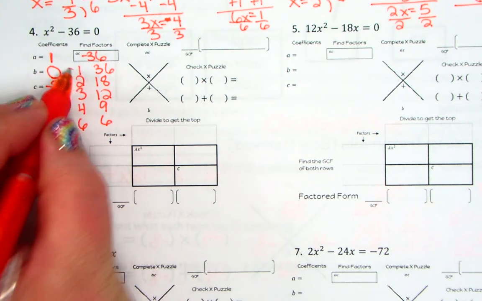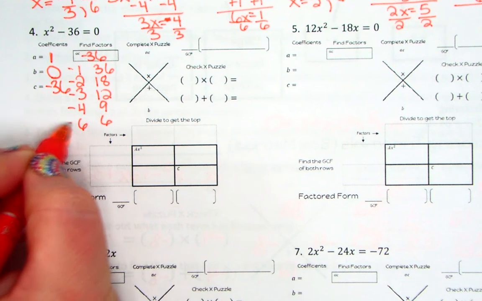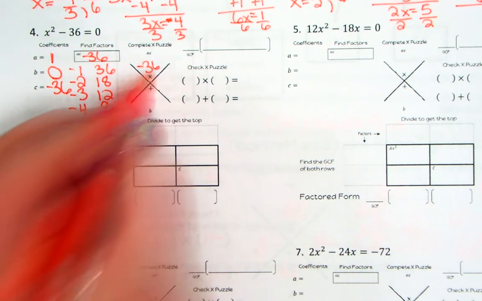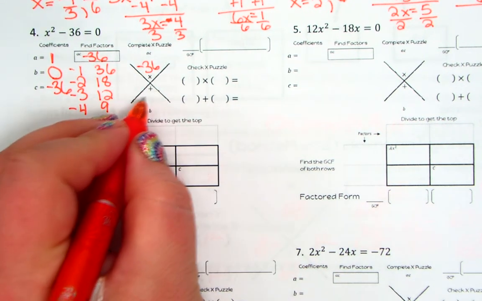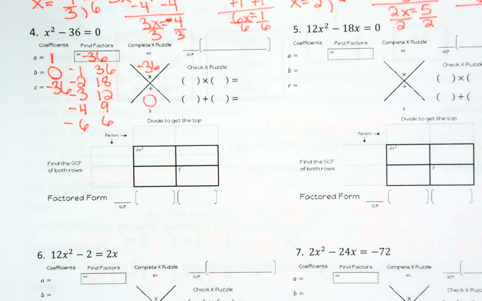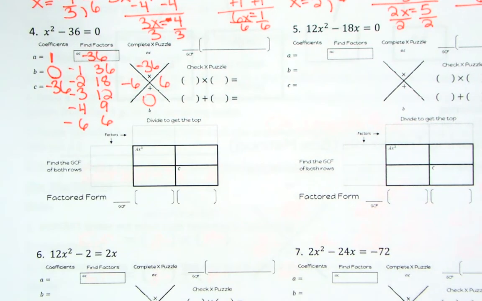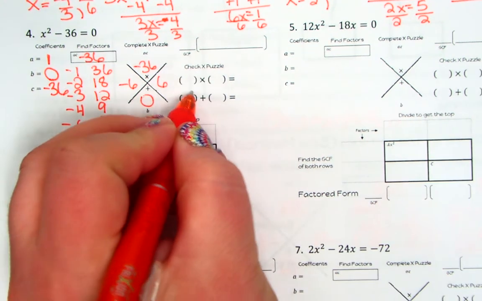We want it to add to equal 0. So negative 36 is what we're trying to multiply to be. 0 is what we're trying to add it to be. So the only one that works is negative 6 and 6. And if I check it in my head, it works.